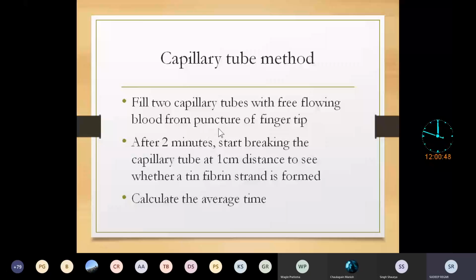Okay, and with this free flowing blood from the puncture of the fingertip, you fill 2 capillary tubes and you wait for 2 minutes and start breaking the capillary tube at 1 centimeter distance to see whether there is formation of a thin fibrin strand or not, and calculate the average time of that formation of the fibrin strand and express it in seconds or minutes.